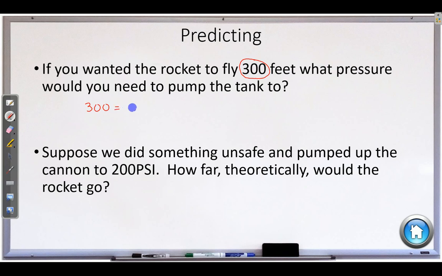300 is equal to, I'll use the fraction. I think that's a little easier actually. 3/2 times the pressure plus 10. And then we just solve that equation for P. So minus 10 to both sides, you get 290 is equal to 3/2 P. Multiply by 2 and then divide by 3.